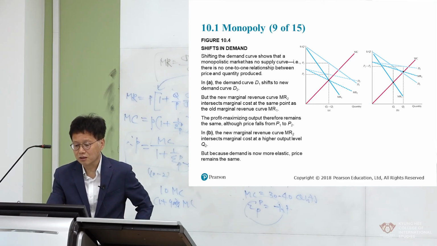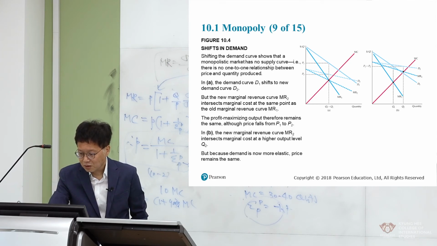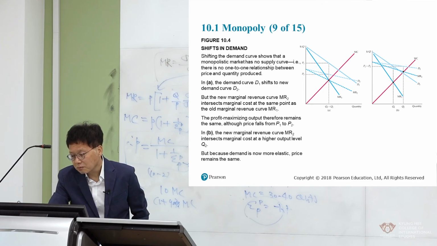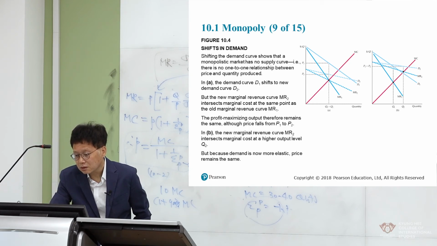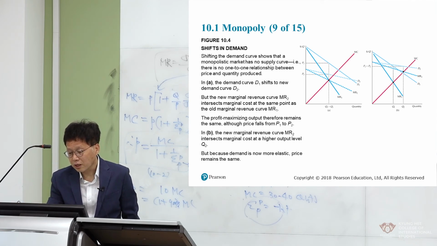Anyway, now look at these two cases just to get some insight. The first case: original demand curve, marginal revenue curve, marginal cost. So the equilibrium price is here, where marginal revenue is equal to marginal cost. But when demand shifts to D2, then marginal revenue is now right there.